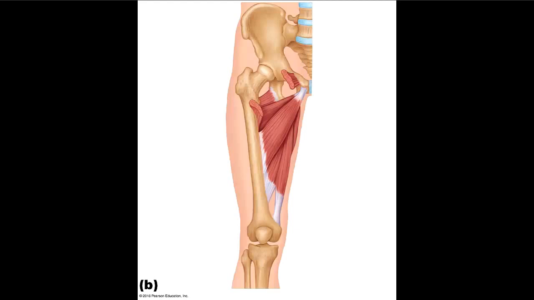It's going to insert into the linea aspera. Action: the adductor brevis, like the name says, is adducting. It can flex and medially rotate the thigh. And like the adductor longus, it also has innervation from the obturator nerve. So we have the adductor brevis right here.